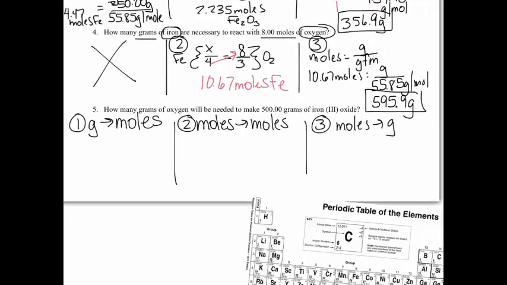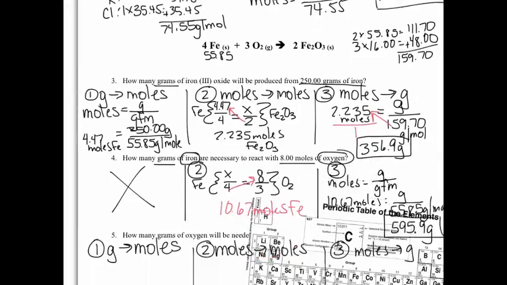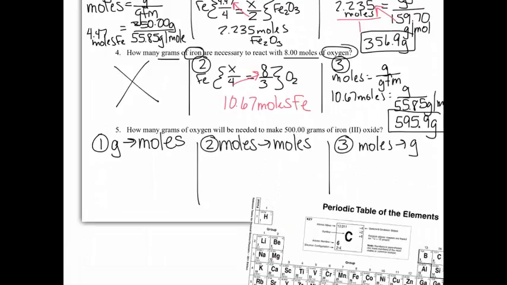We're going to use our moles equation, which we see up here in this question. And we're going to use our GFM we calculated here, 159.7. So our moles is going to be 500, that's our given mass, divided by the 159.7 grams per mole.